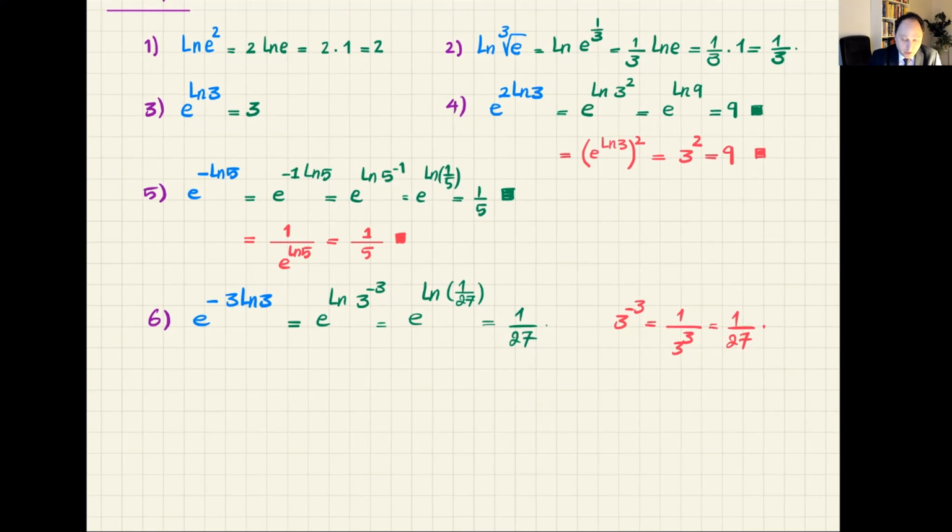Okay, so that is one type of problems that you need to know about this combination of the Euler number and the natural logarithm. Another type of problems are equations. Let me give you another example.